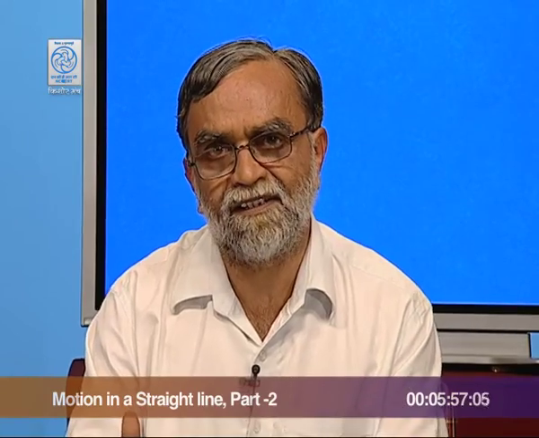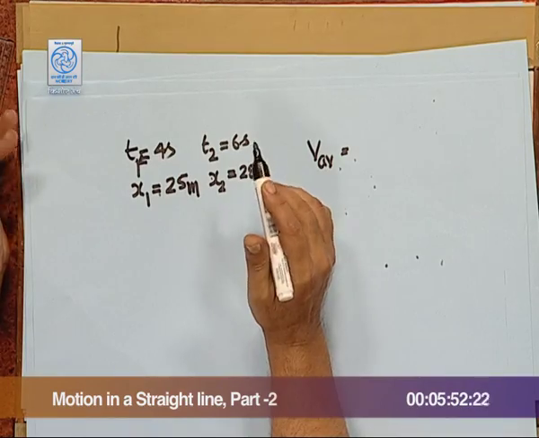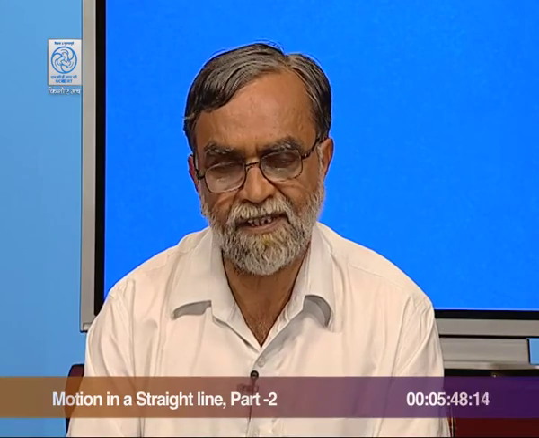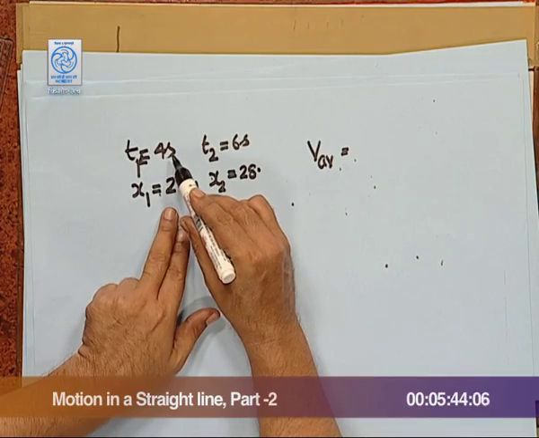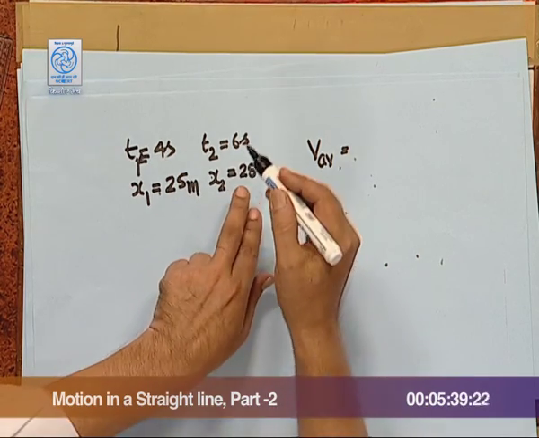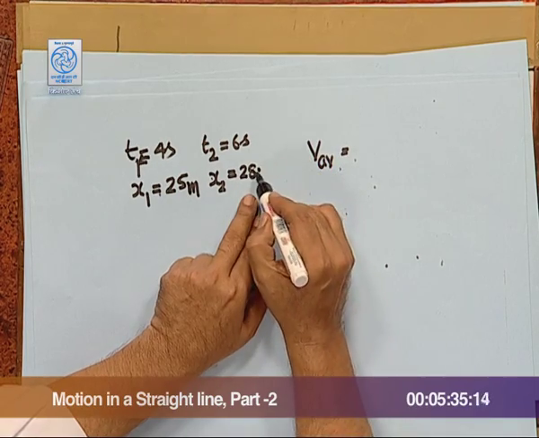Let us calculate the average velocity in the interval between 4 seconds and 6 seconds. The position at t1 equal to 4 seconds is 25 meters, and at t equal to 6 seconds, the position coordinate is 28 meters.